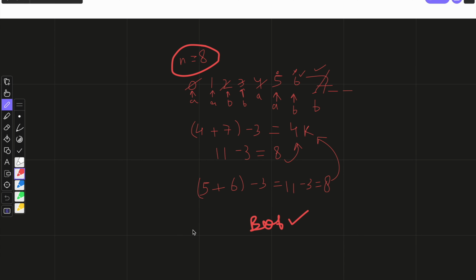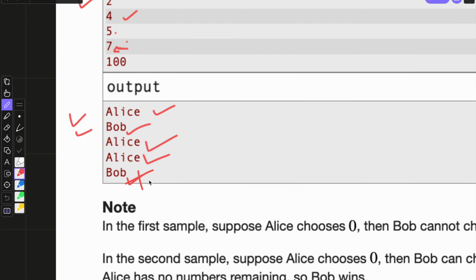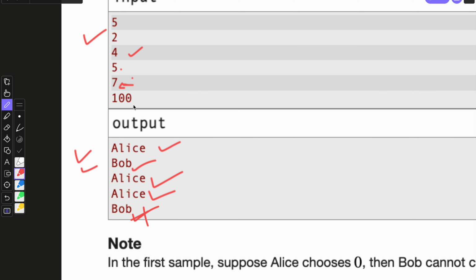Right. And let's see this test case. At N equal to 100, Bob wins.